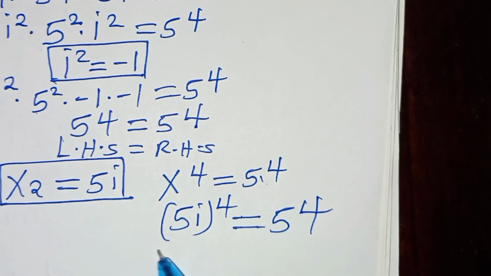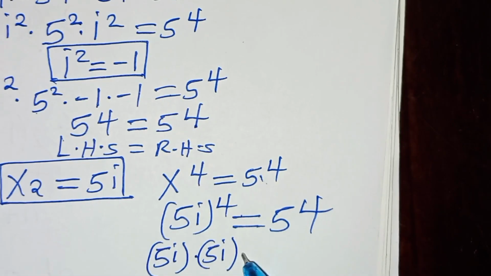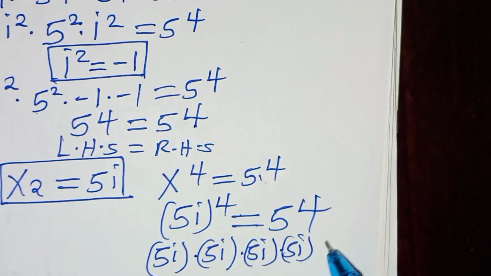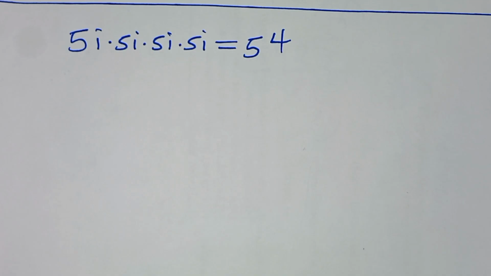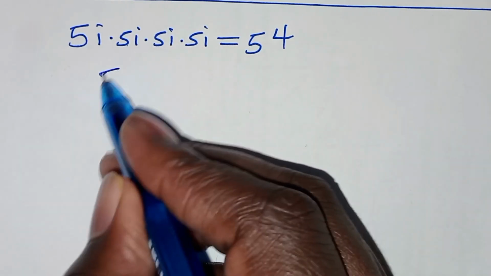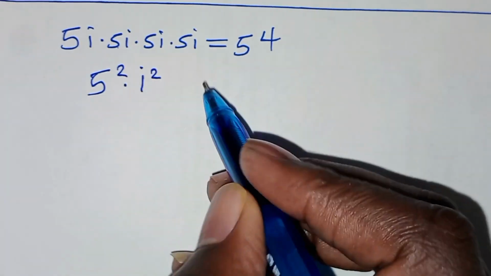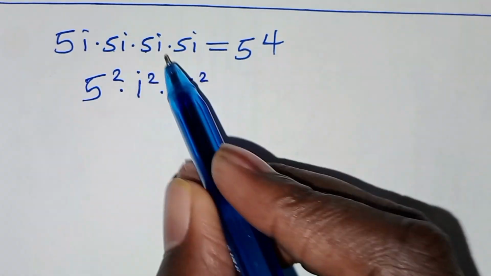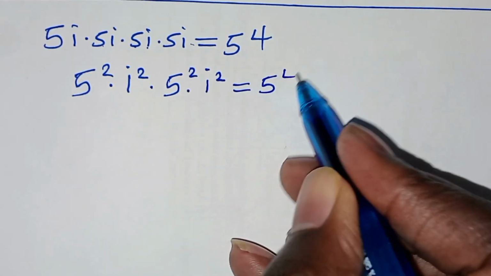So this is the same thing as 5i times 5i times 5i times 5i. So this implies that 5 times 5 is 5 to power 2, times i squared, then times 5 times 5, which is 5 to power 2, then times i squared. This is equal to 5 to power 4.